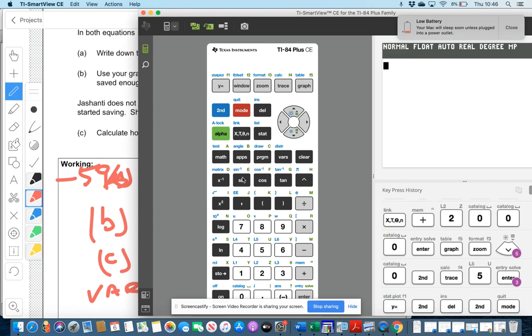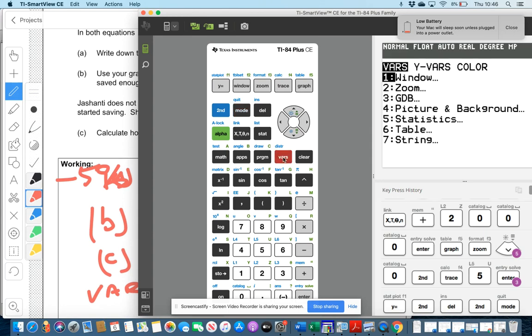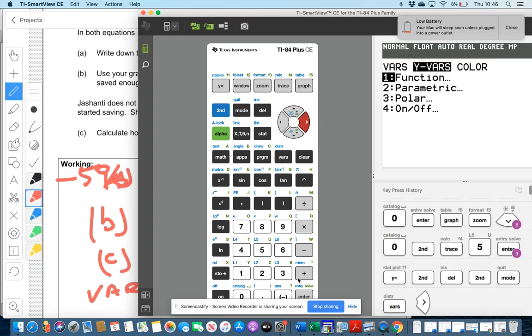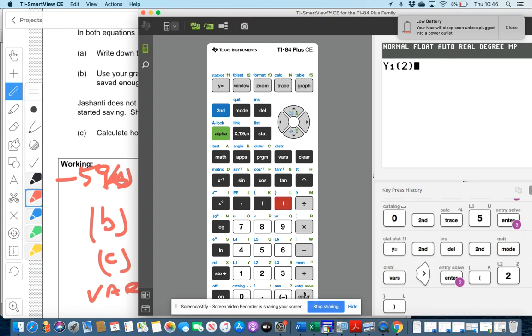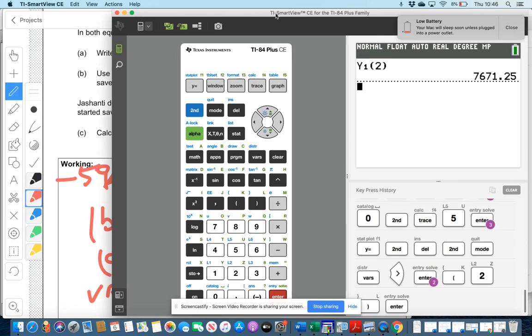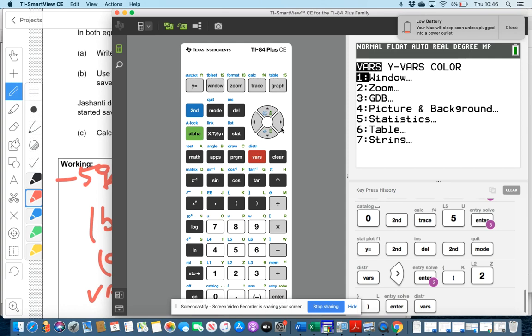So I need Y1 of, which one's going to be bigger? Yeah, Y1 is going to be bigger. So let's look at the Y1 vars, Y vars, Y1 of 2. All right, so that just plugs in 2 to that function, and you can see it's 7,671 and change, right? Okay, and then Y2, same procedure, Y2.